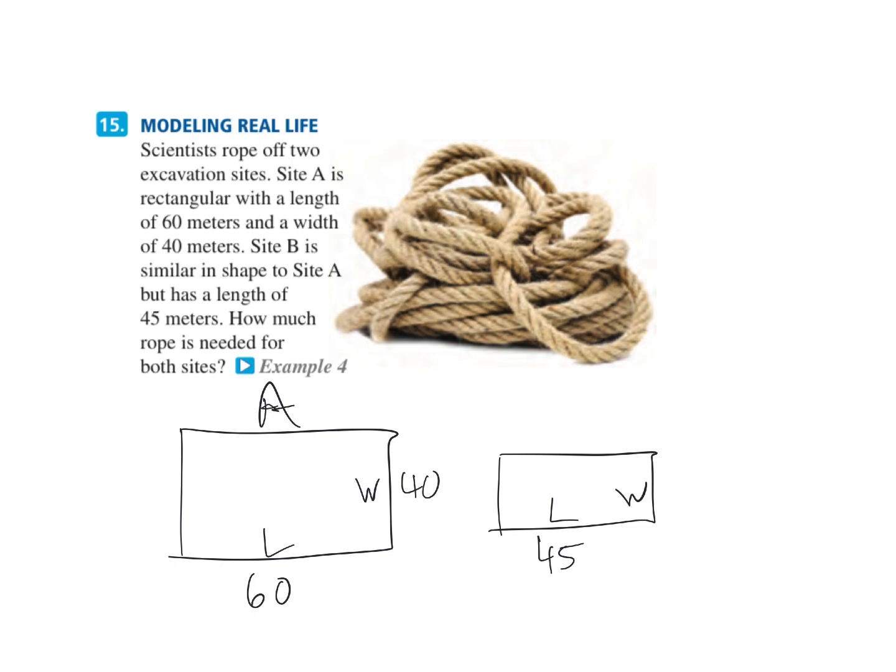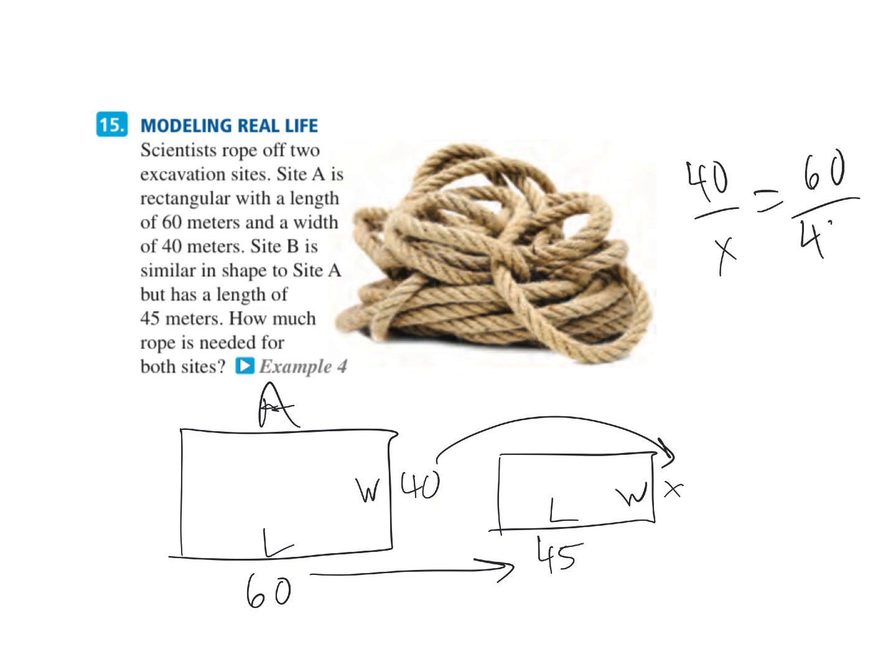Okay, so we don't know what the width is. We could figure it out by saying this is x. And again, doing 40 is to x is 60 is to 45 and figure that out. So let's set that up. 40 is to x as 60 is to 45.